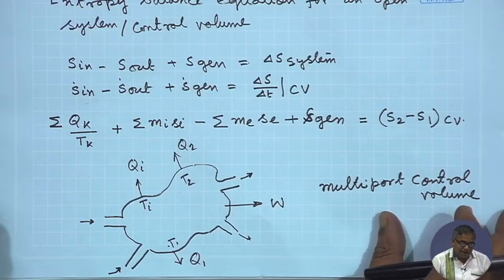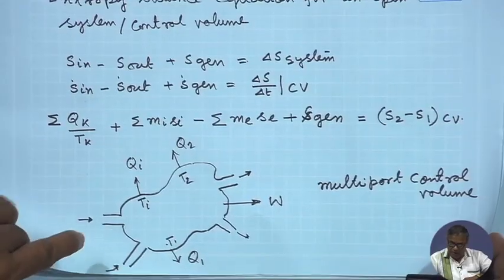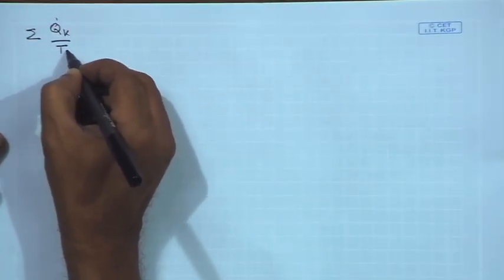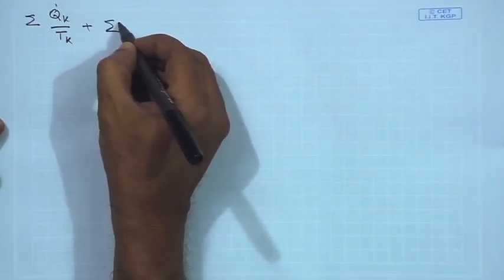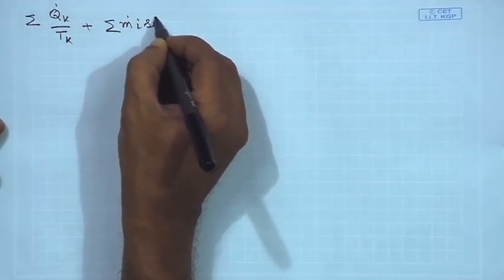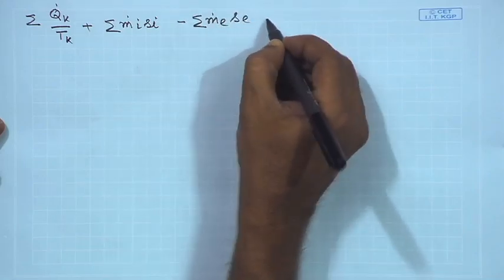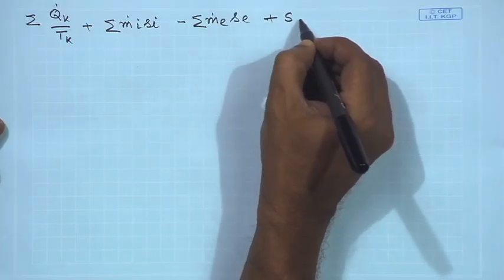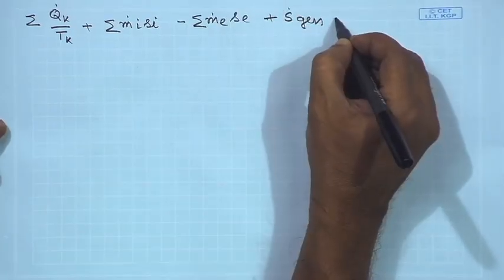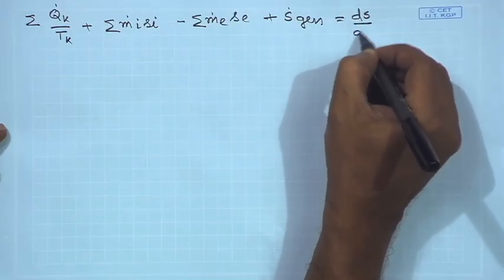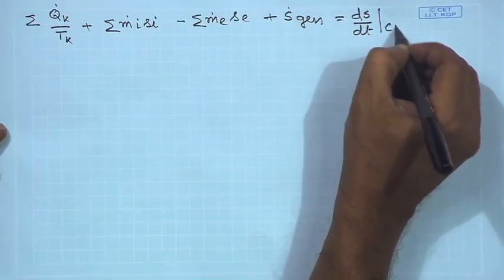So, this is what I can write, and dividing by time I can get a rate equation. The rate equation is Σ Q̇_k by T_k plus Σ ṁ_i s_i minus Σ ṁ_e s_e plus Ṡ_gen, this is also a rate, that is equal to dS/dt of the control volume.